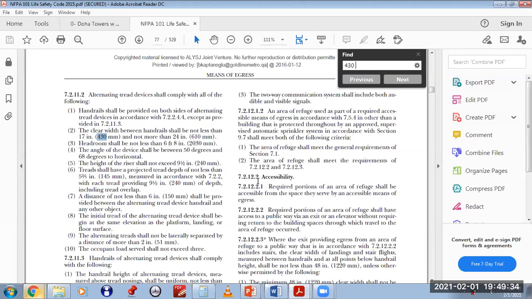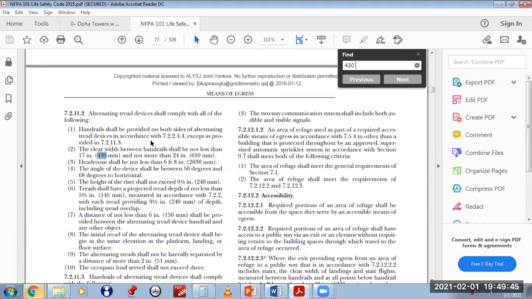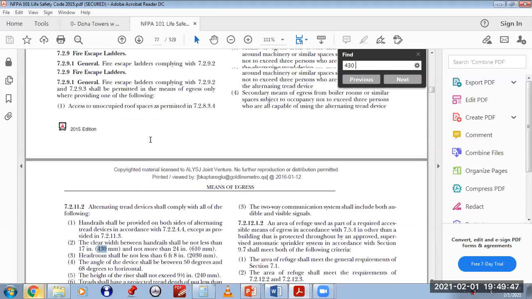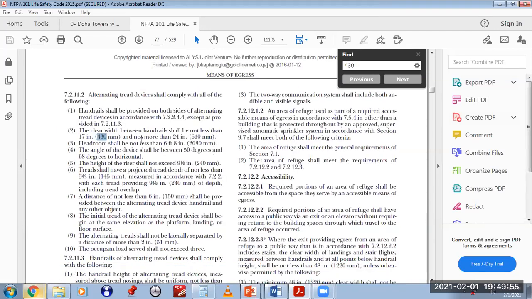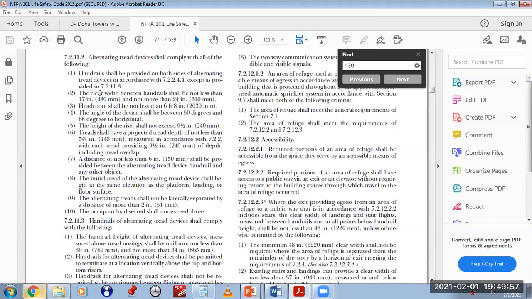So for means of egress, the clear width between handrails shall not be less than 17 inches. So you can read about it. It shall not be less than 430 mm. If you have any clarification, you can tell me about it.